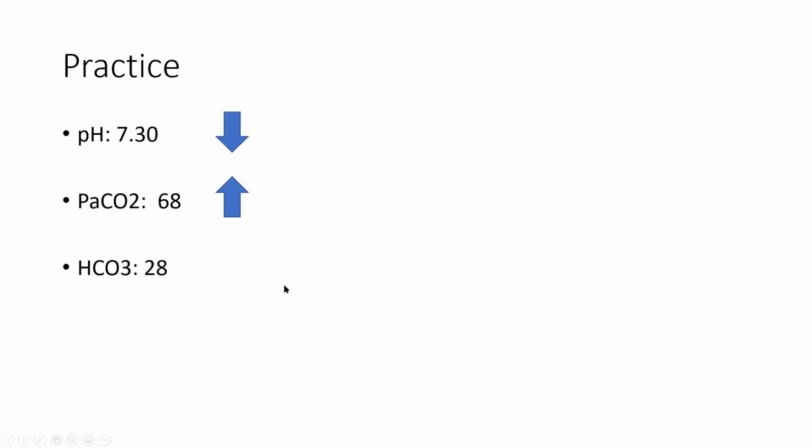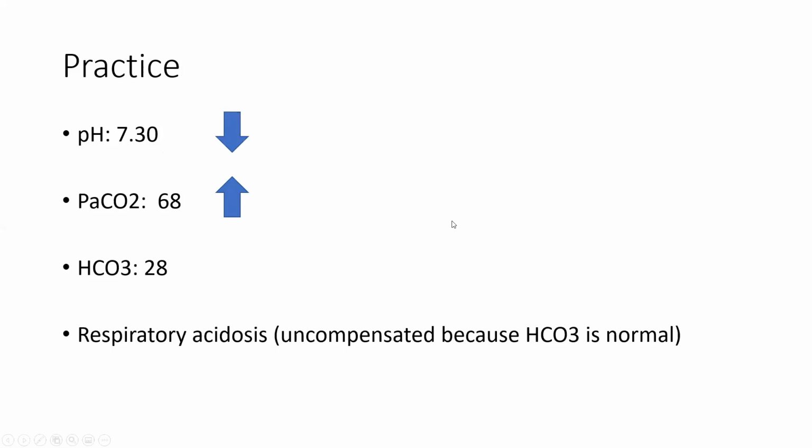So what we're dealing with here is a respiratory acidosis, and it's uncompensated because our pH is normal. Okay, our pH is normal. That is your key here, guys, the pH being normal.